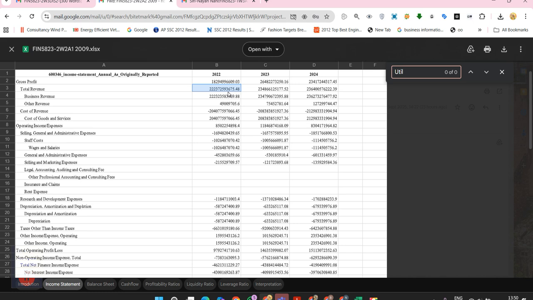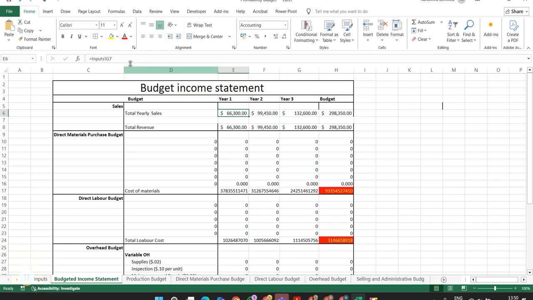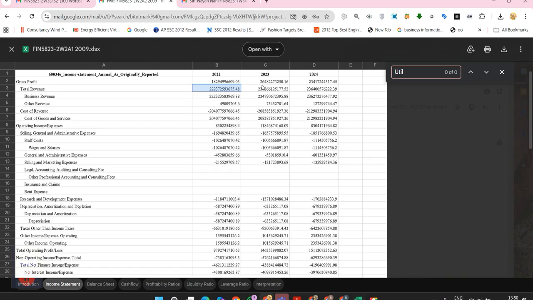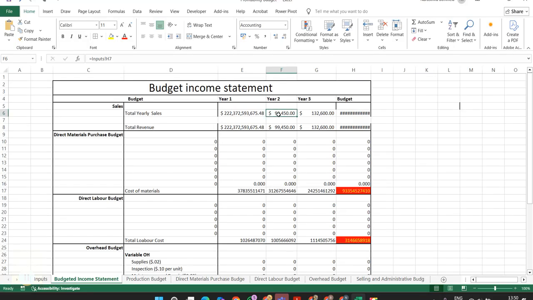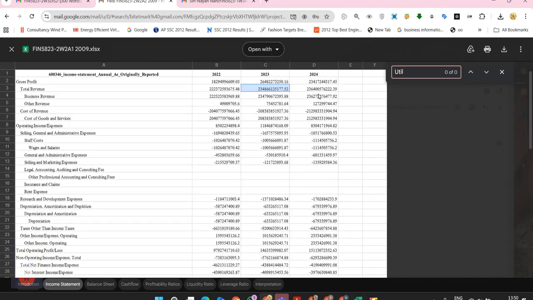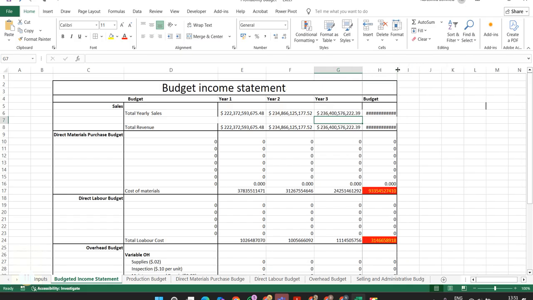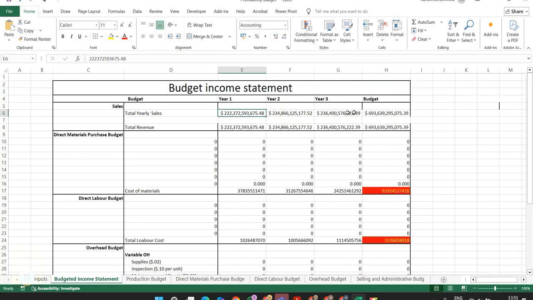Okay, maybe this one. This value, and for year two, this value. I'm taking revenue values, and this is for year three. This is total revenue, the total sales we got.